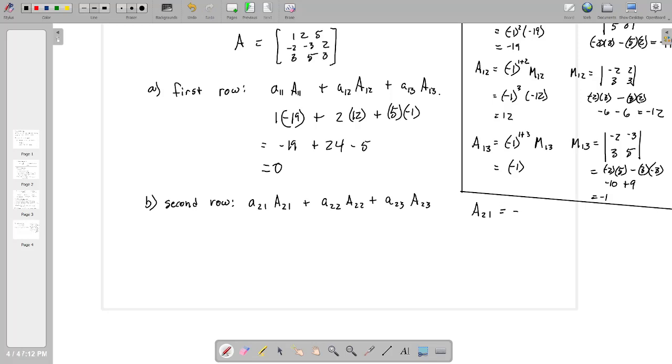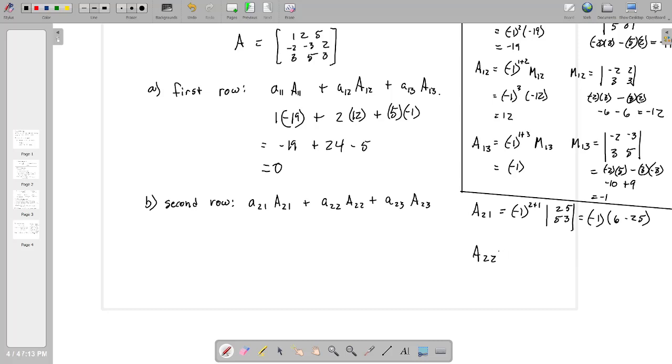So this will be negative 1 to the 2 plus 1 power, which is 3, so this will be a negative 1, times the determinant of the matrix 2, 5, 5, 3, because we're crossing out the second row, first column. So the remaining entries are 2, 5, 5, 3. Now the determinant of 2, 5, 5, 3, this will be negative 1 times 2 times 3 is 6, minus 5 times 5, which is 25. So 6 minus 25.